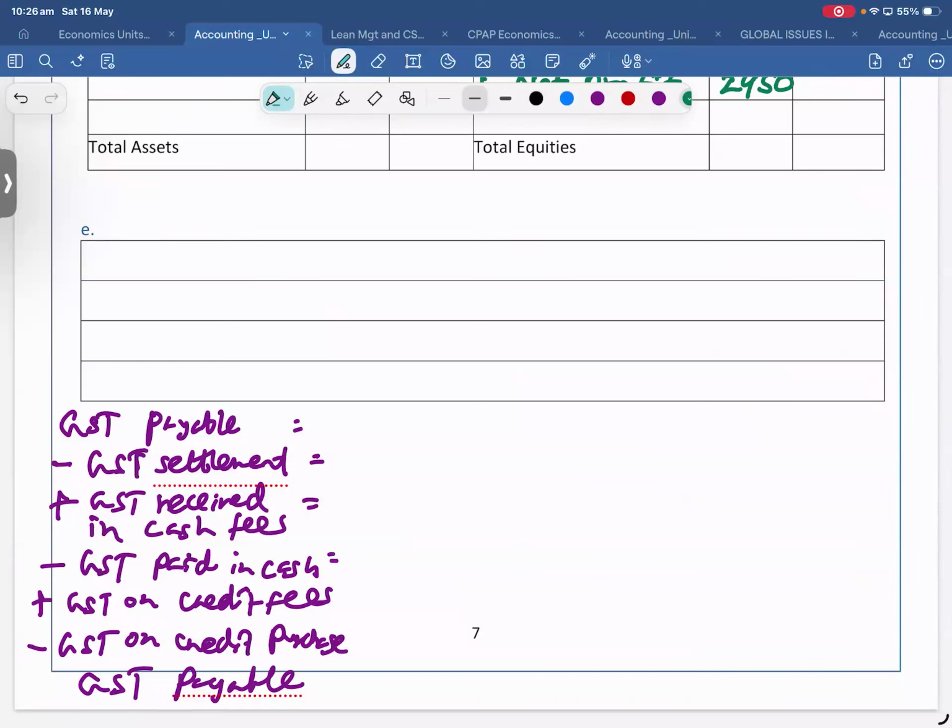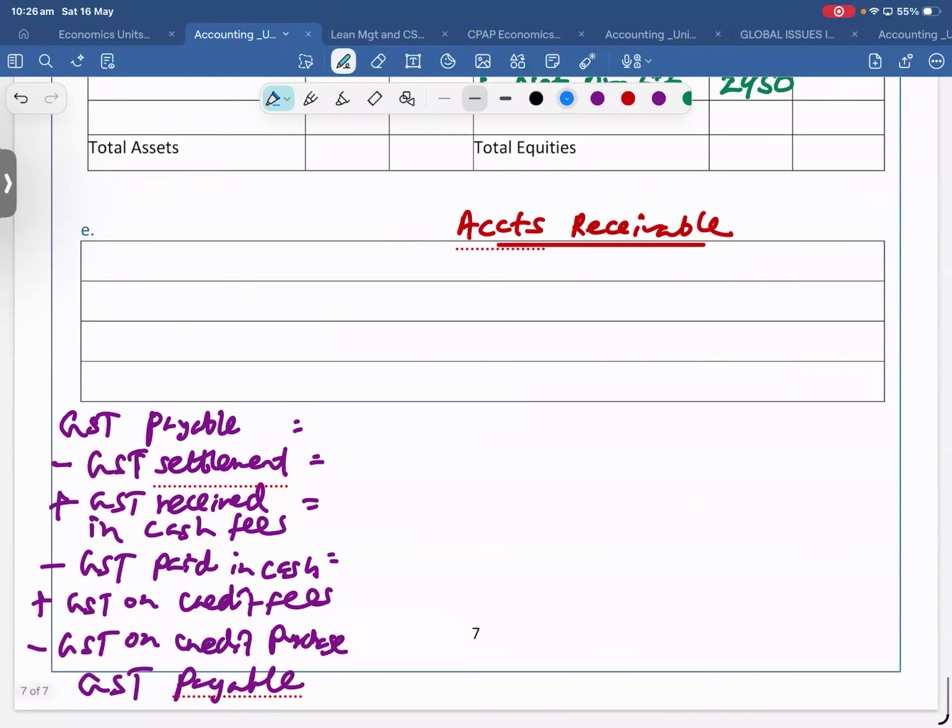I will show firstly accounts receivable. This is actually meant to be workings. So how do you calculate accounts receivable? I have given you the formula, by the way. You get the accounts receivable at the start.